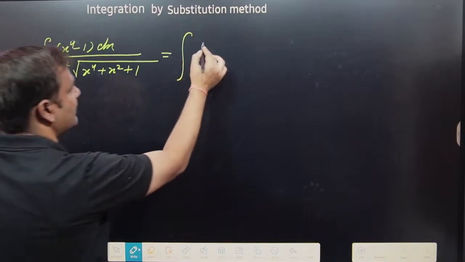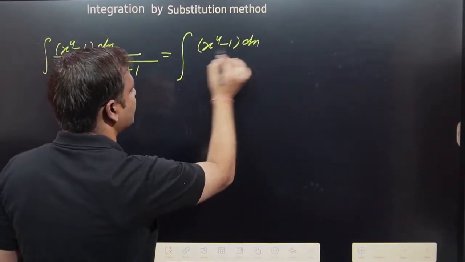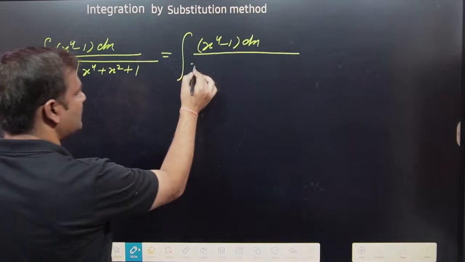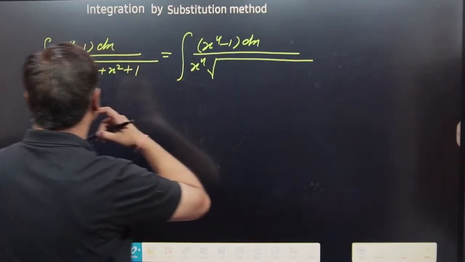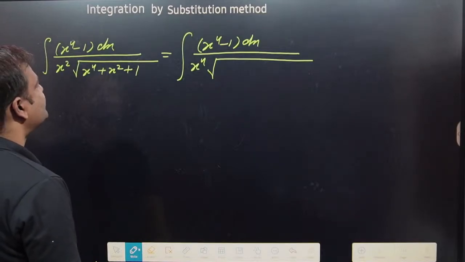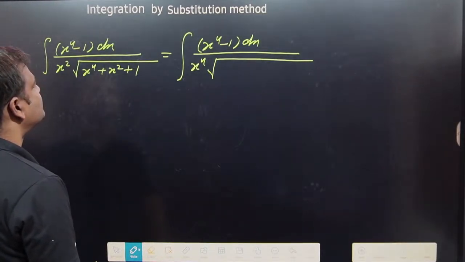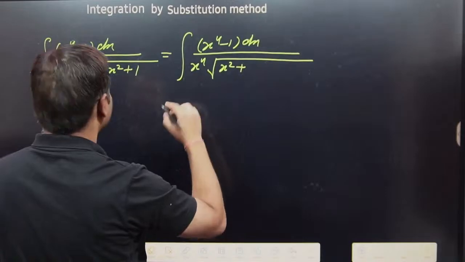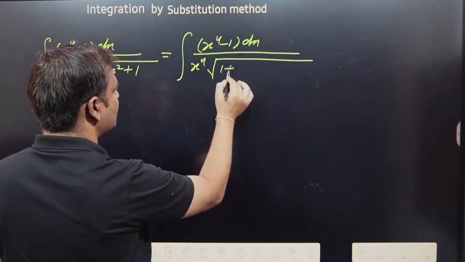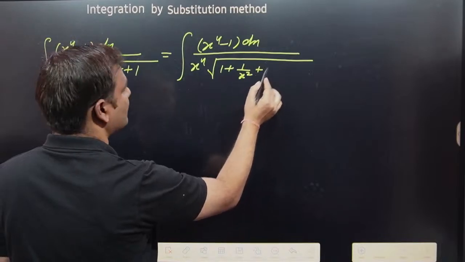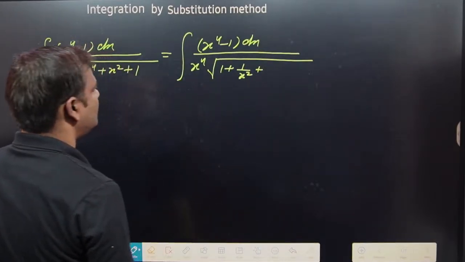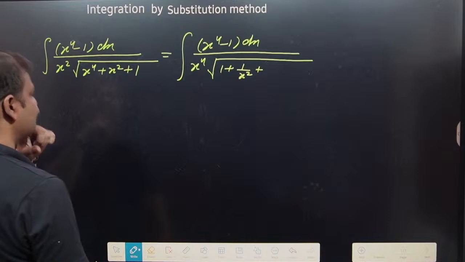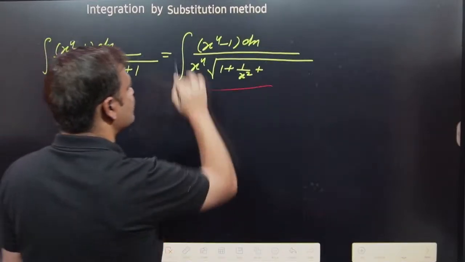Here (x to power 4 minus 1) dx divided by, if x square is common, then x to power 4 under root, here x square plus 1... mistake.